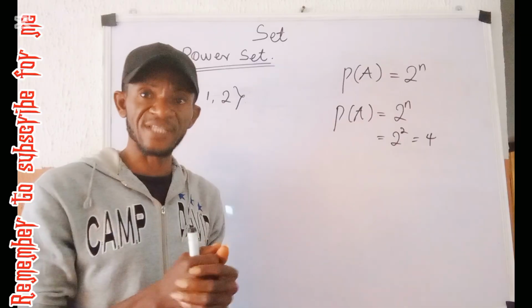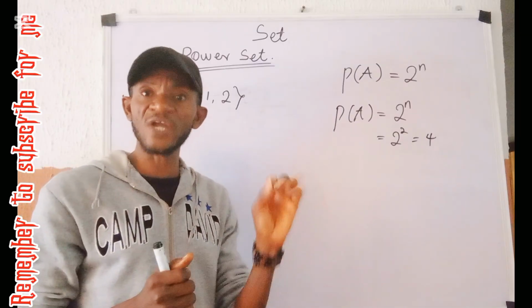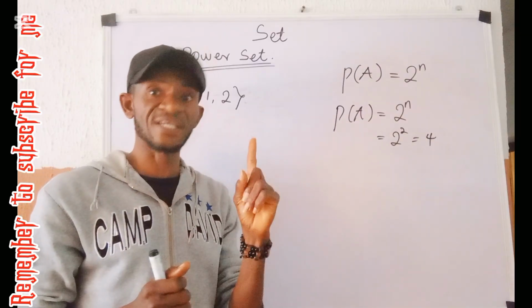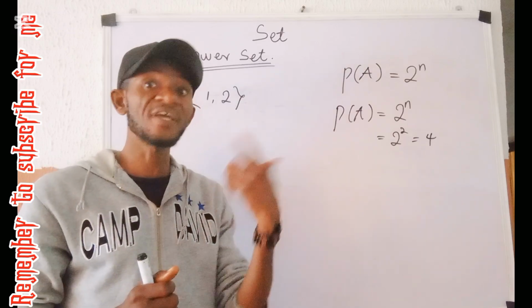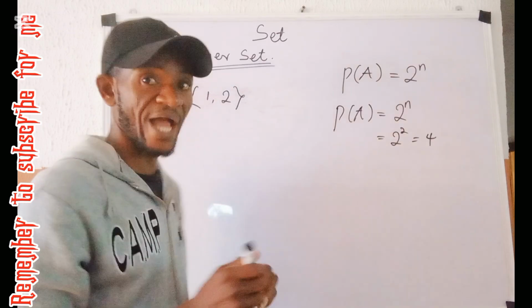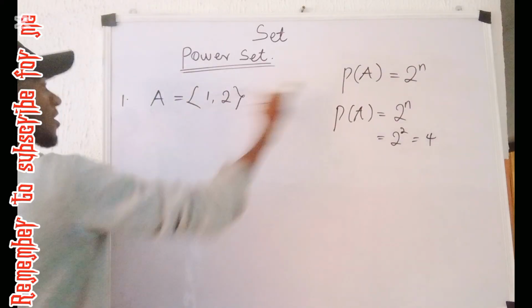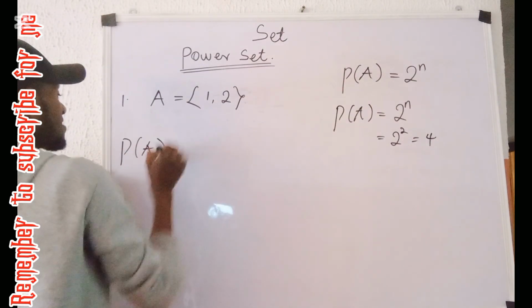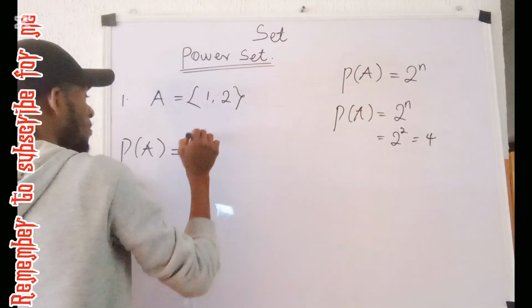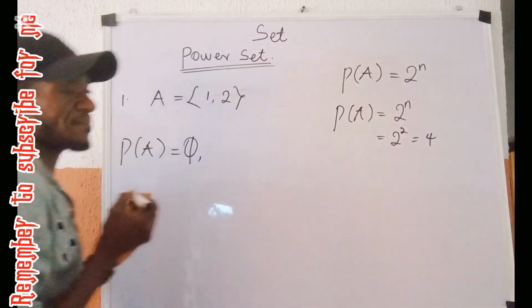How do we enumerate them? We are going to begin to enumerate them with an empty set, which we earlier had said is a subset of every set. So we begin our enumeration. For us to write a power set of A, our P of A is given as, first of all, we have an empty set, comma.